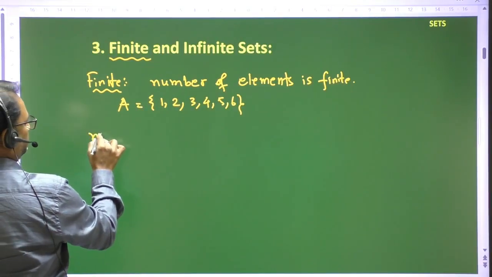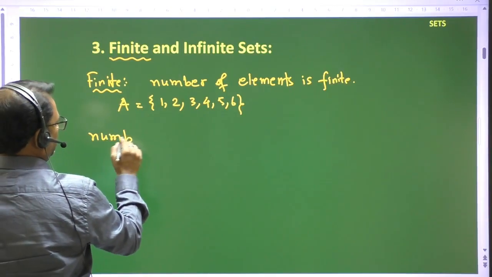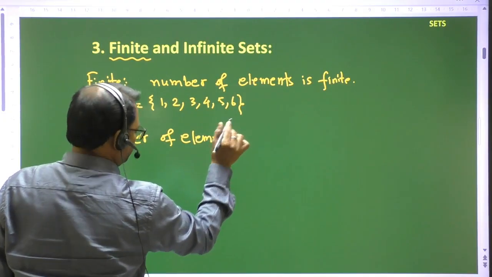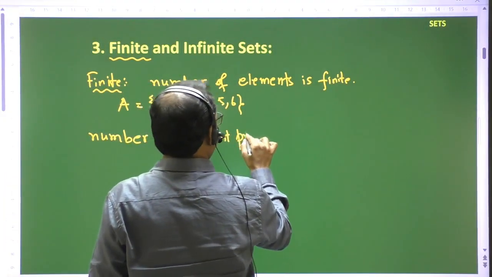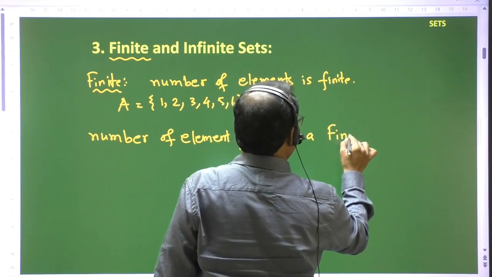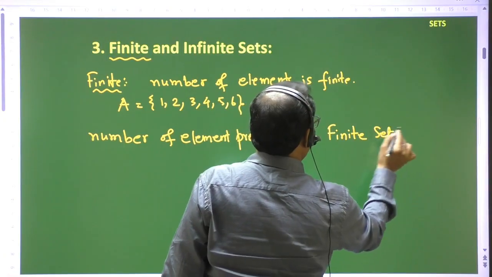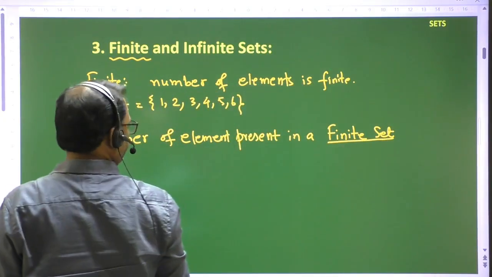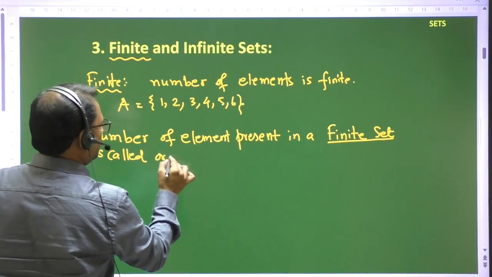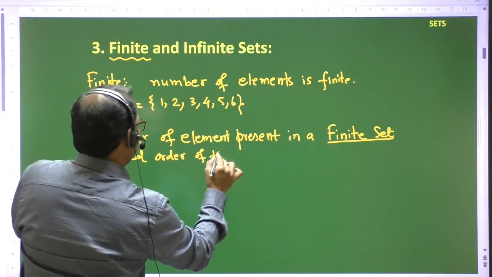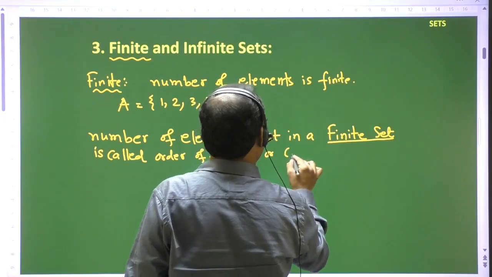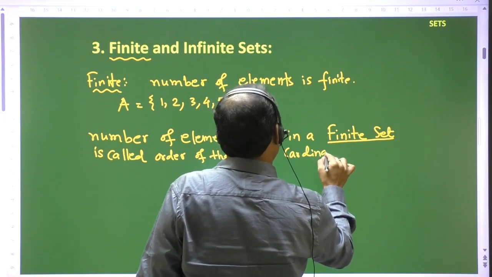Number of elements present in a finite set is called the order of the set, or you can say the cardinal number of the set.